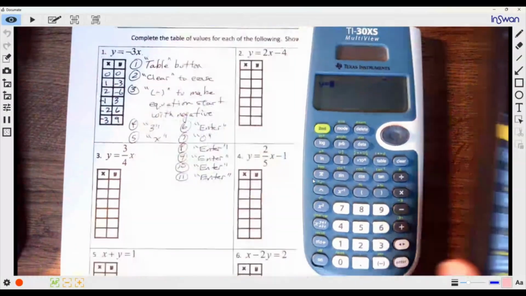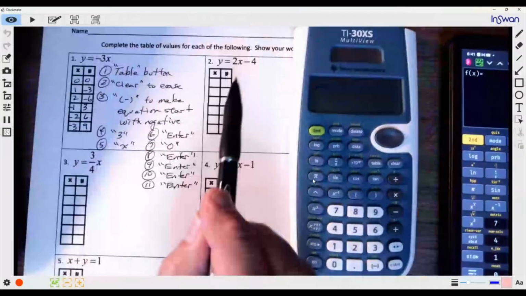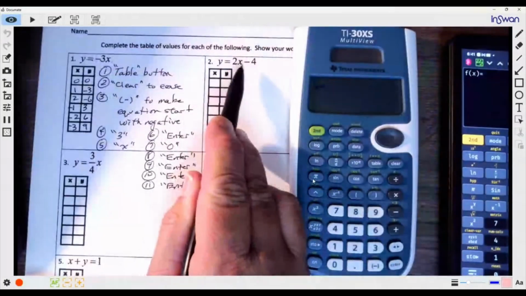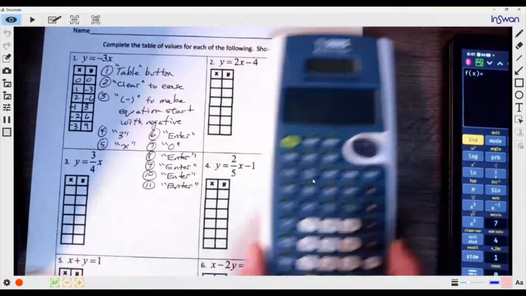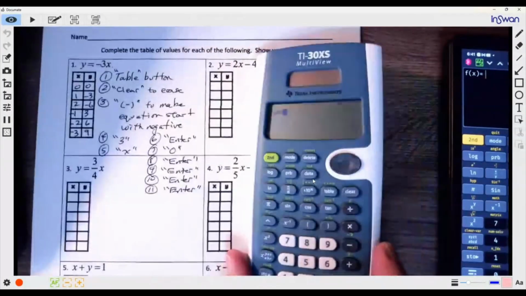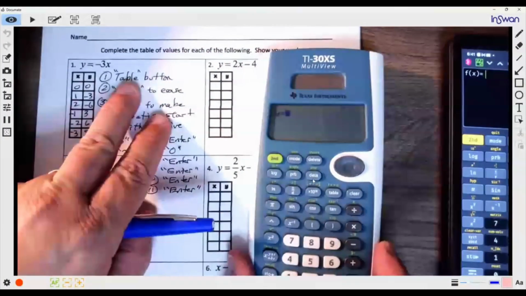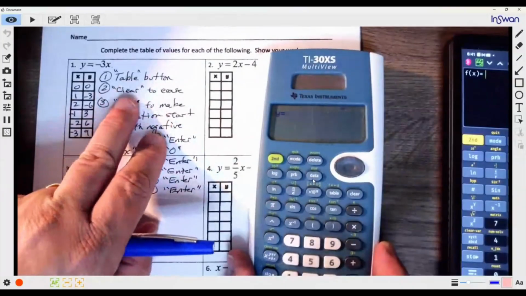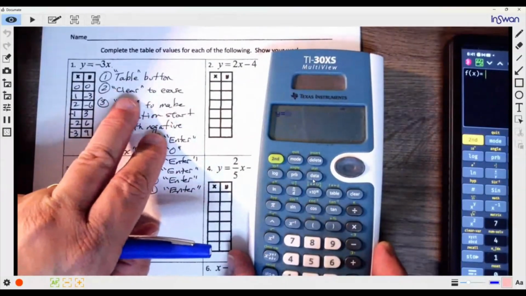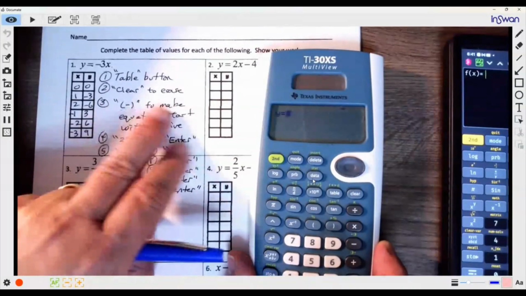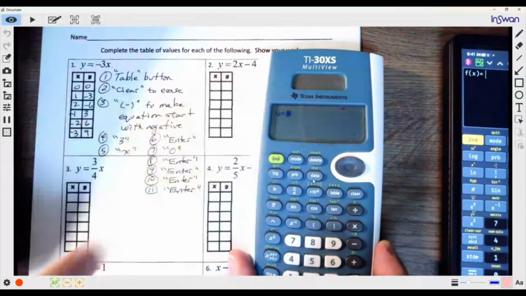So the next one, y equals 2x minus 4. Table button. Clear to erase. Then we need to put in this equation.